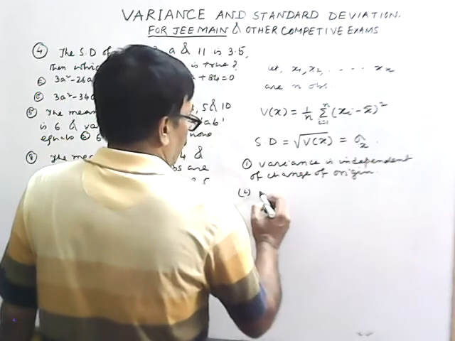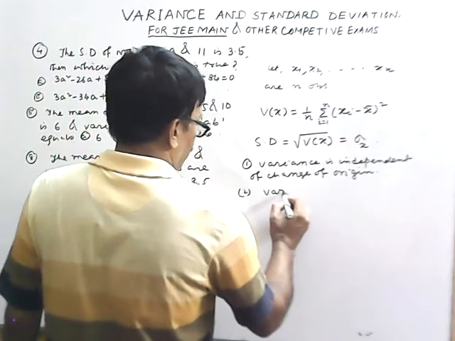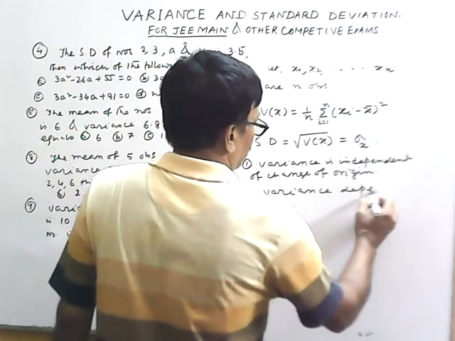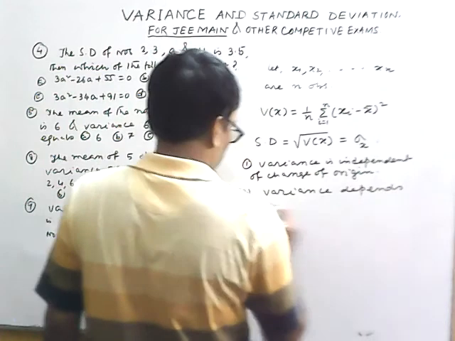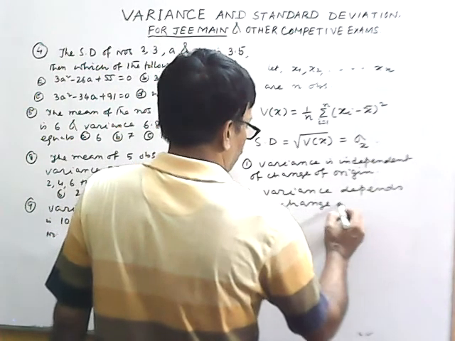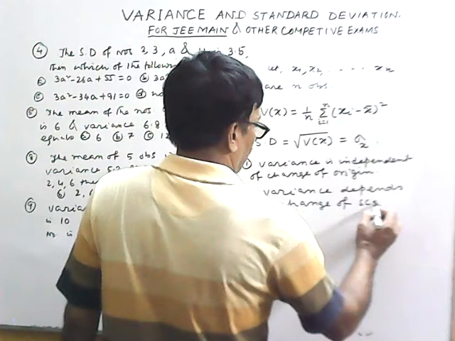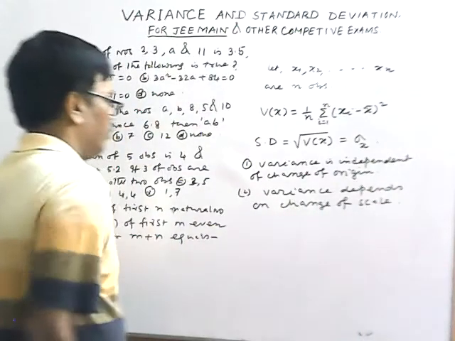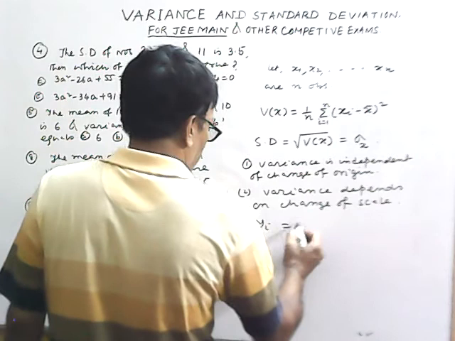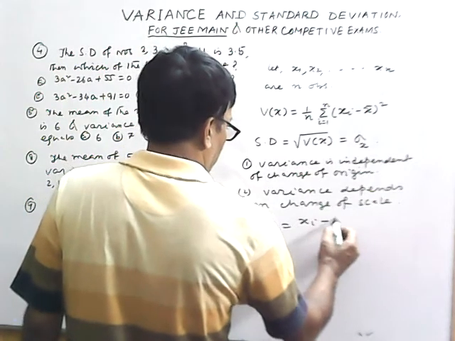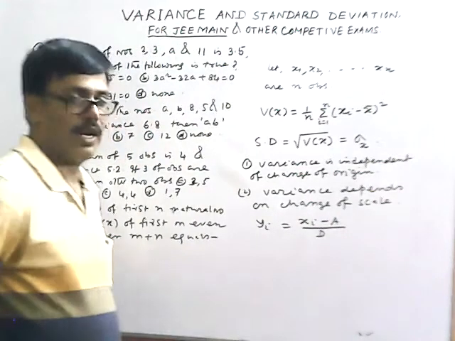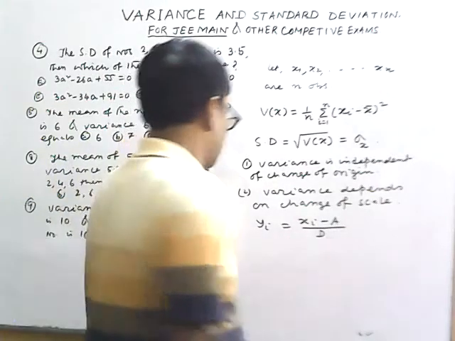Now number 2: variance depends on change of scale. What is scale? If we put the transformation yi equals (xi minus a) by d, then a is the origin and d is called the scale.